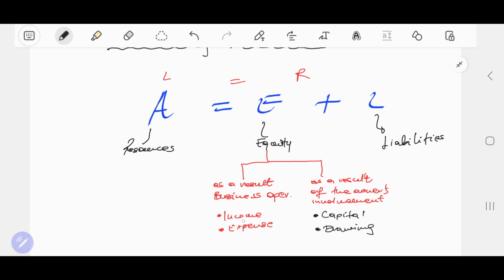So anything that brings in money to the business as a result of business operations is income. For example, if we sell trading stock, that is income, because it's money coming in as a result of business operations.